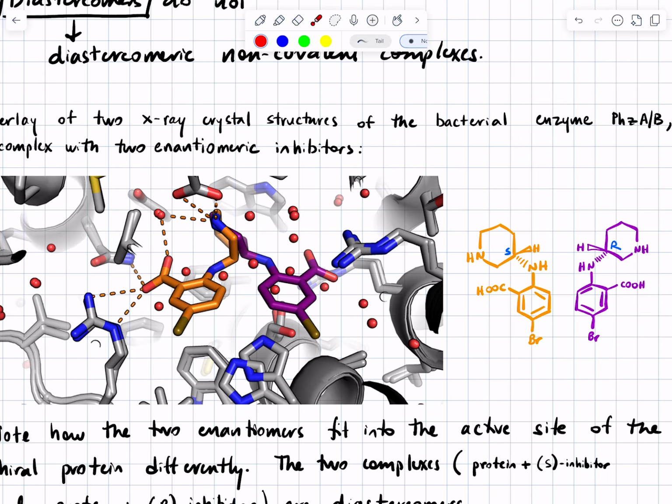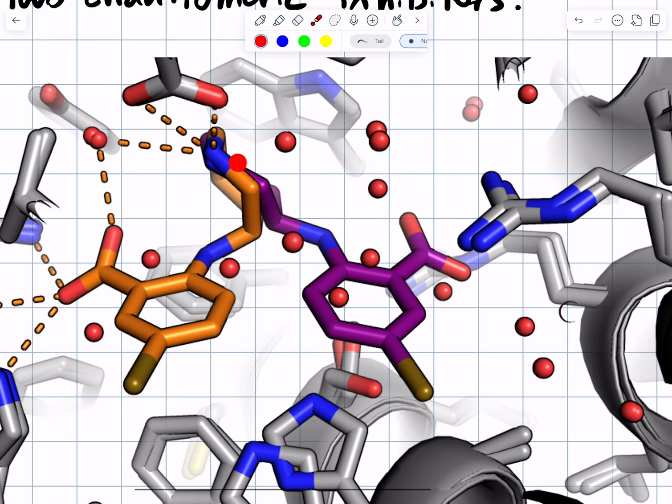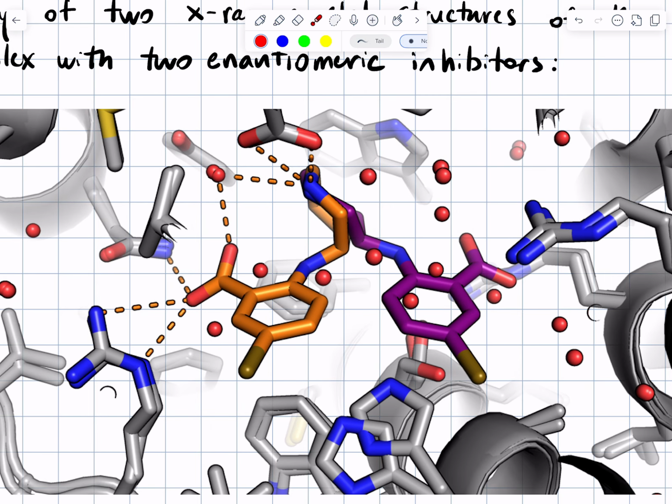The 6-membered ring portion is overlaid pretty well, but because the stereocenter here has opposite configuration, in the purple enantiomer, the rest of the molecule juts out to the right, where it's near this side chain. In the orange enantiomer, the rest of the molecule juts out to the left, where it's near a bunch of other side chains.